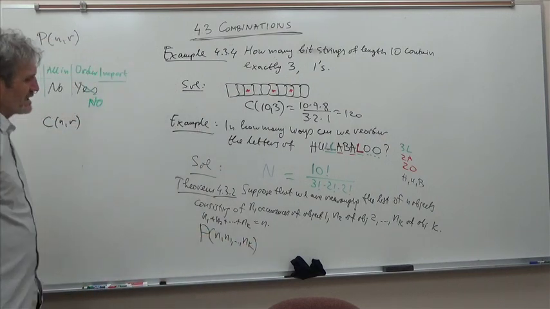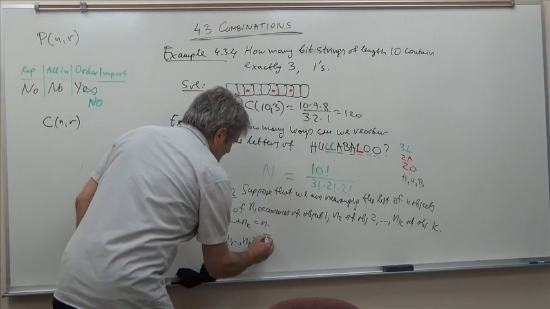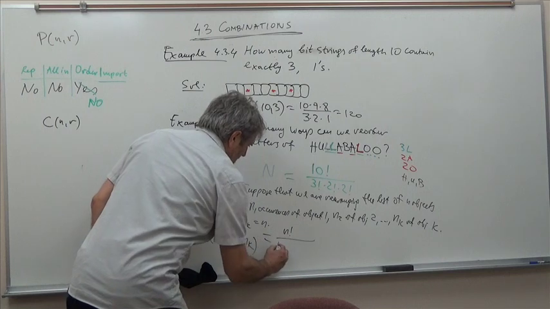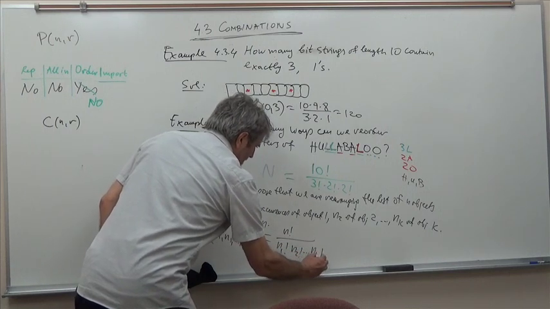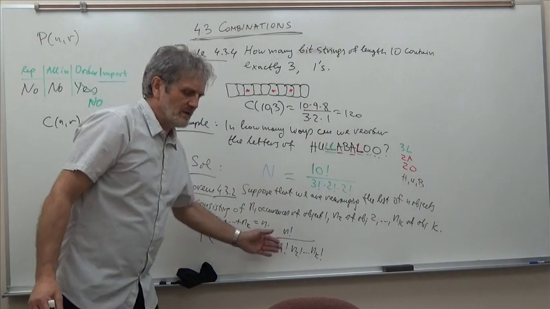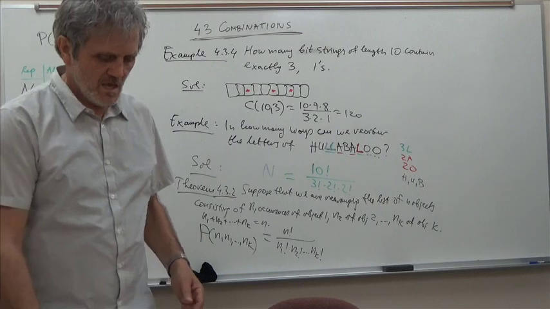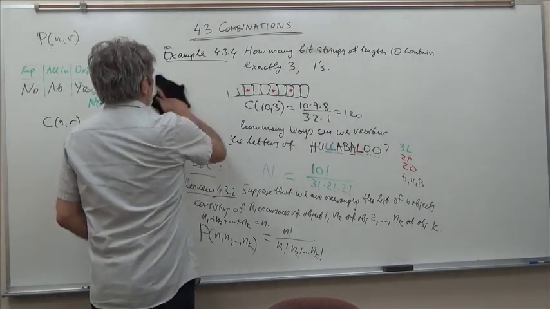As I said, ones in that list are allowed, but we don't usually write them. It is n factorial over n1 factorial, n2 factorial, and nk factorial. That's exactly what we concluded here.